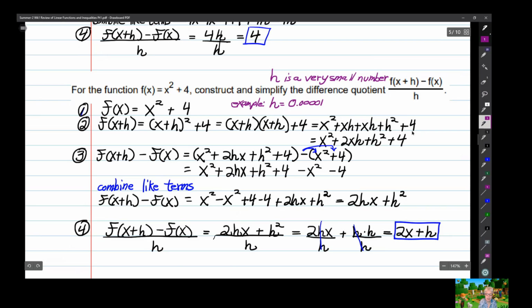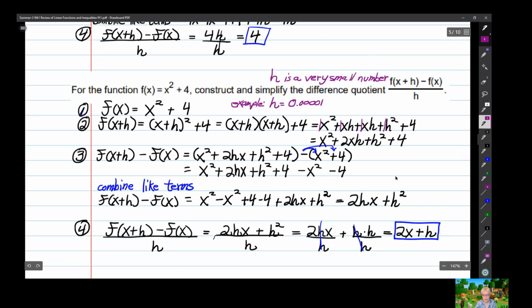And let me point out that there's an understood 1 in front of each xh, and there's even an understood 1 in front of the h squared and the x squared. Isn't that fun? When you don't see a number in front of a variable, it's understood the coefficient is 1.